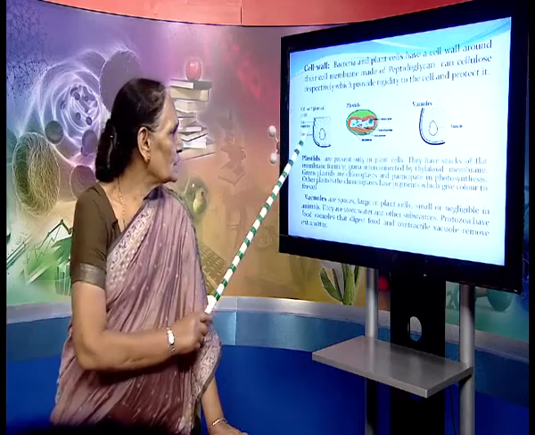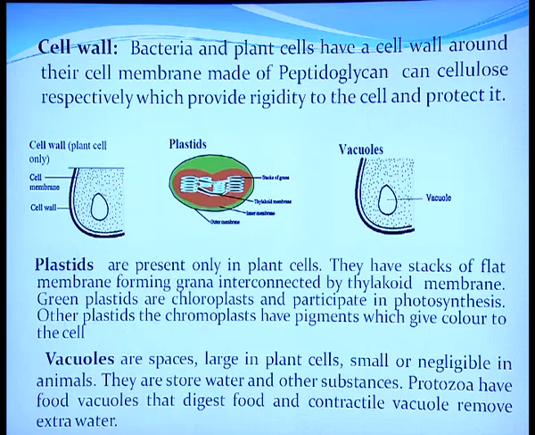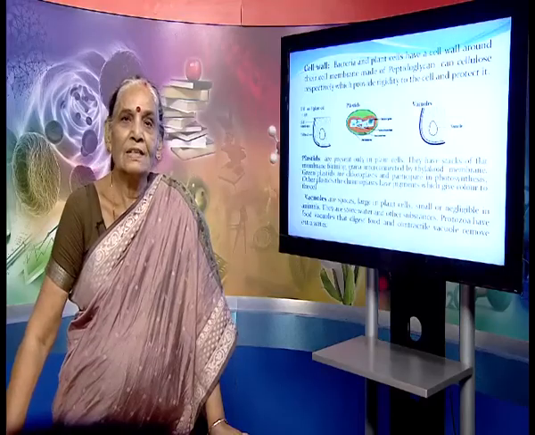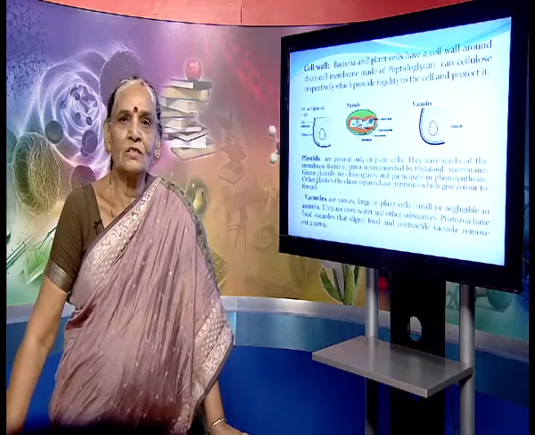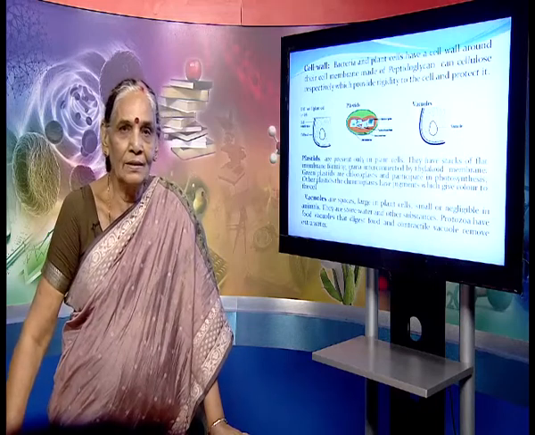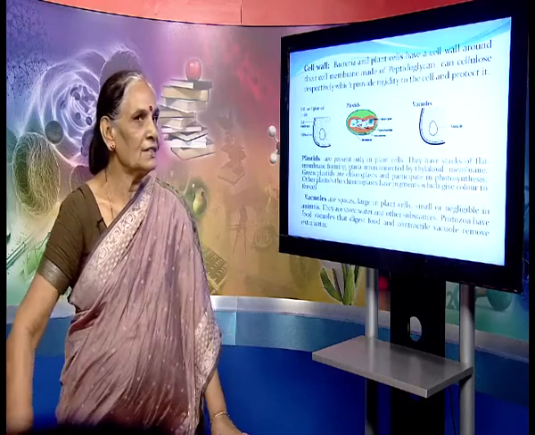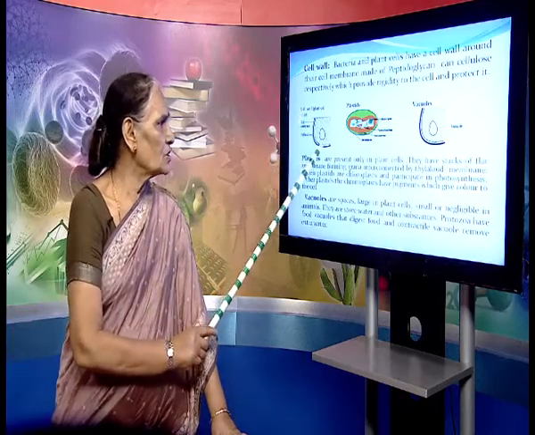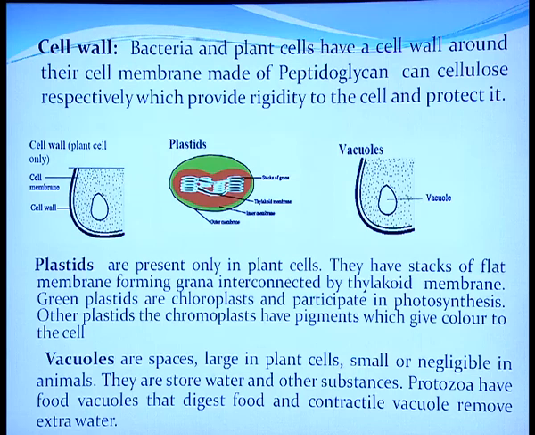One is the cell wall. Now, bacteria also have cell walls, but in bacterial cells the cell wall is made up of a substance called peptidoglycan, whereas in plant cells it is made of a substance called cellulose.